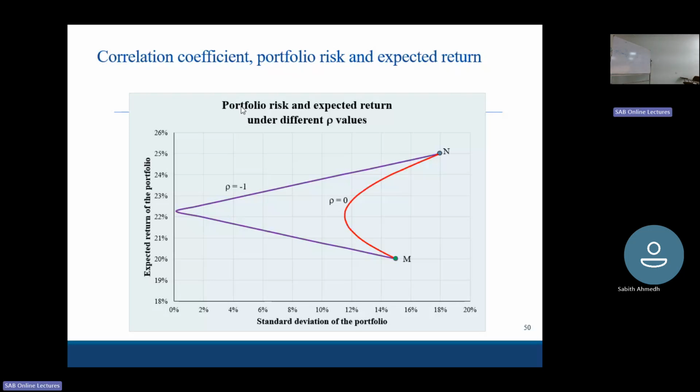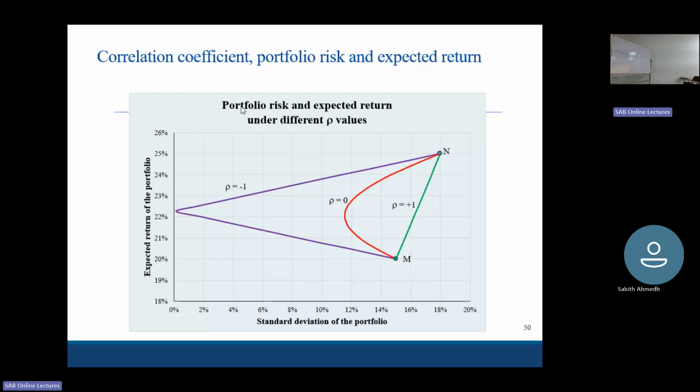And if the correlation coefficient is equal to 1, look at the path. Then you can see this is the risk, the standard deviation, of the stock. Your portfolio risk, the portfolio standard deviation, lies in between these two.